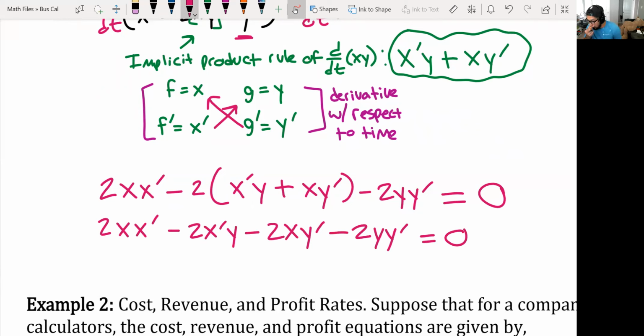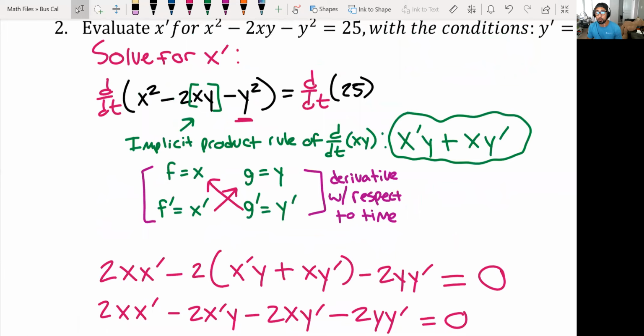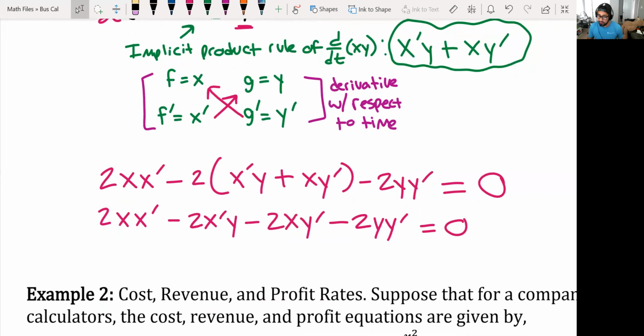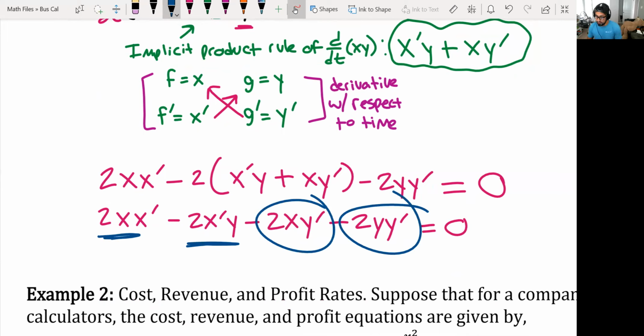All right. So now we are still solving for x prime. So get your x primes together on one side and move everything else to the other side. If you notice, we have an x prime here and an x prime there. There are no x primes over here, which means these terms will move over to the right side.